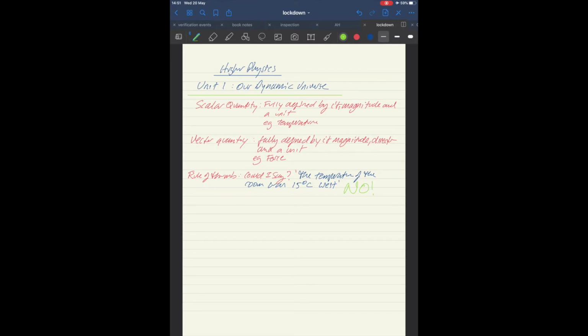If you attach a direction to a quantity and it makes no sense, it must be a scalar. If it does make sense, like force exerted was 100 newtons north, I guess you could push something north, that makes sense, yes, because it's a vector. Okay, so just keep that in mind.